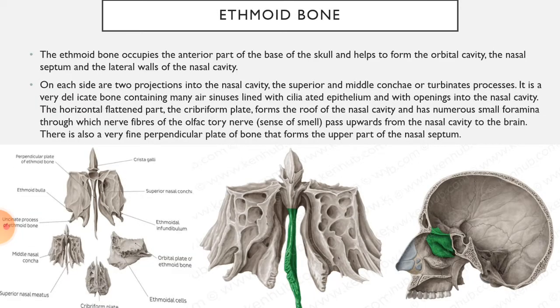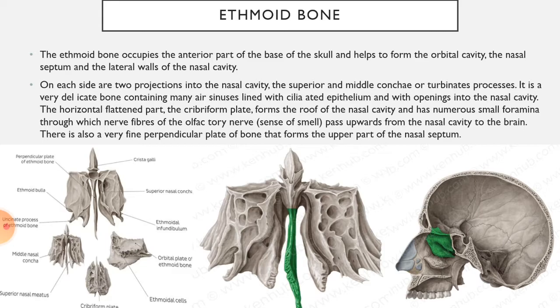Next is the ethmoid bone. The ethmoid bone occupies the anterior part of the base of the skull and helps to form the orbital cavity, the nasal septum and the lateral walls of the nasal cavity. On each side are two projections into the nasal cavity, the superior and the middle nasal conchae or turbinate processes.